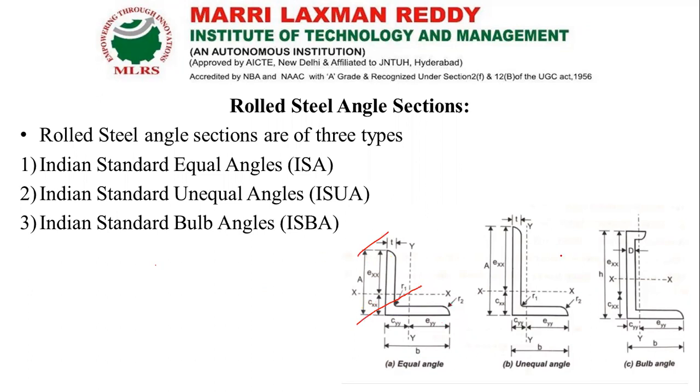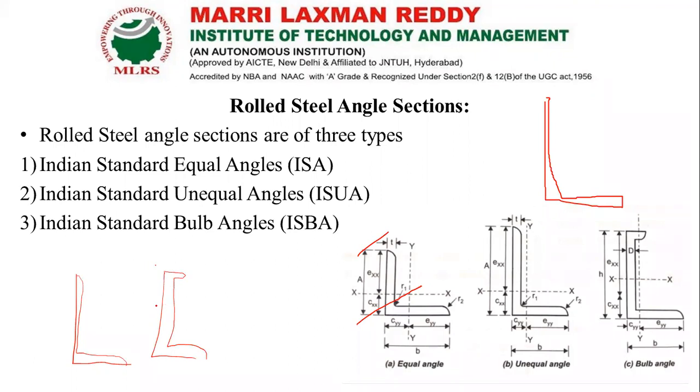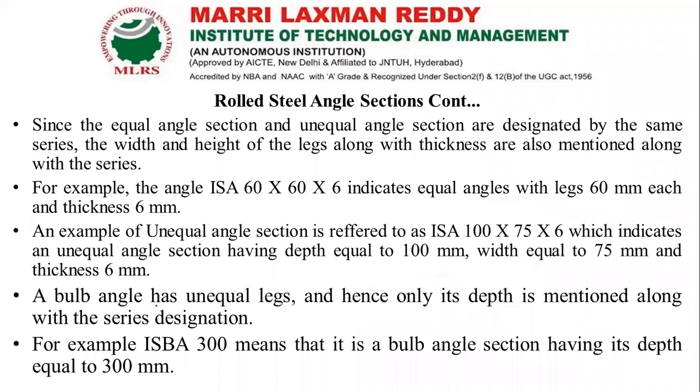Unequal angle means the sides may have different lengths, like this. Bulb angle means at one place we can have a bulge. These are some classifications of rolled steel angle sections.